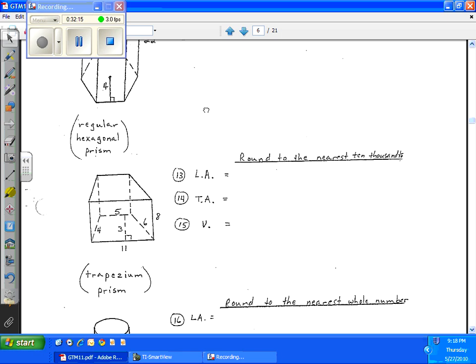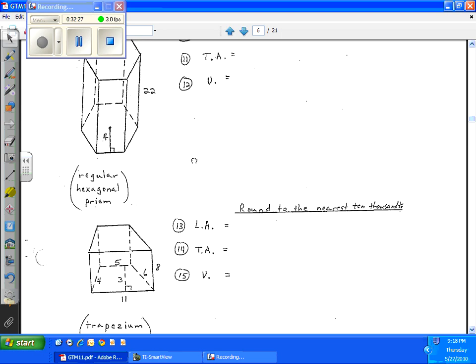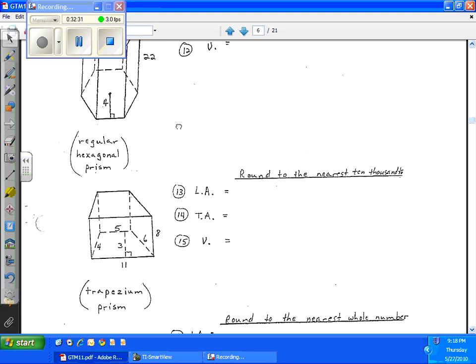We've got the regular hexagonal prism, and we have a trapezoidal prism, a trapezium prism, and then we have another cylinder. Maybe it would do good for us to deal with the trapezoid. We've done a good bit of regular hexagon stuff as we dealt with the regular polygons, so you're going to need to remember your regular polygon formulas there and how to get the interior angle, and then know that the apothem bisects a side and the radius bisects an angle, so you're going to get all these special triangles.